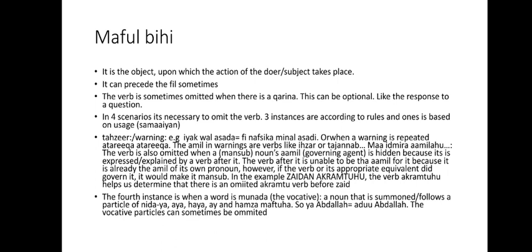I could add a detached objective pronoun, dhamir mansub munfasil, like iya, and because I'm talking to you, I'm warning you, I'll add the kaf dhamir, which is referring to the second person. So iyaka wal asada means be aware of the lion.